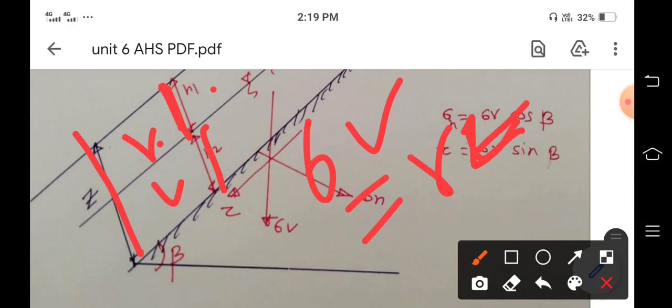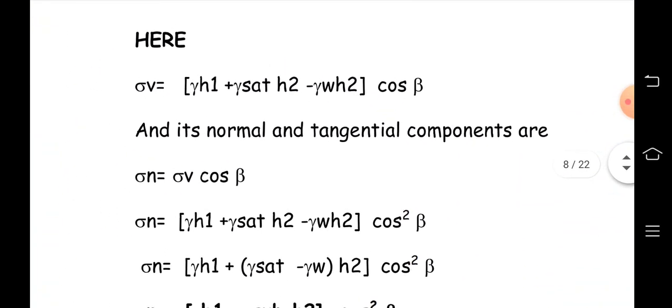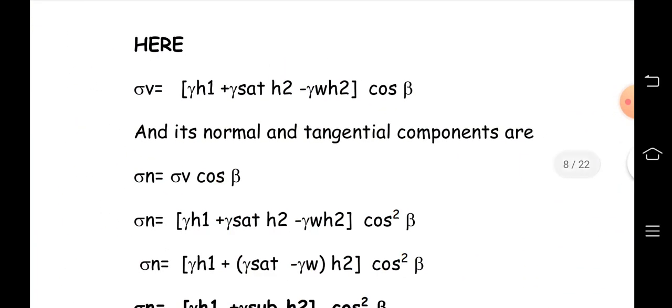So the formula will be gamma saturated into h2. So the formula for sigma v here is gamma into h1 for the first thickness, and gamma saturated into h2 for the second one.